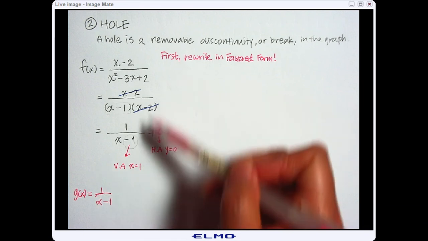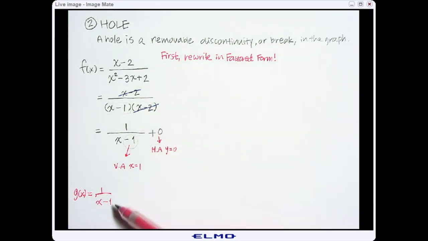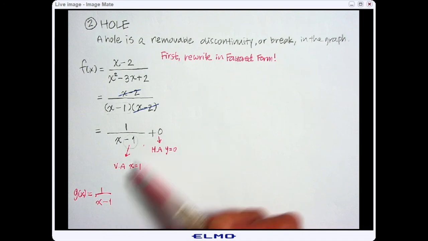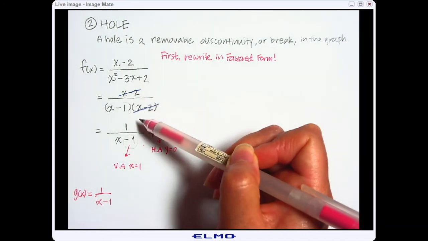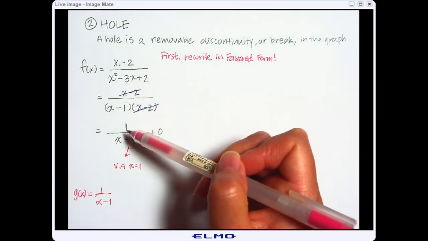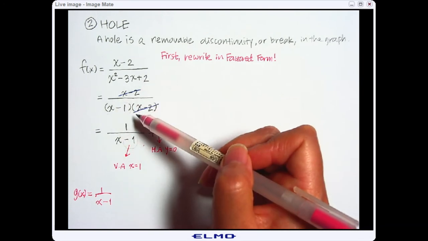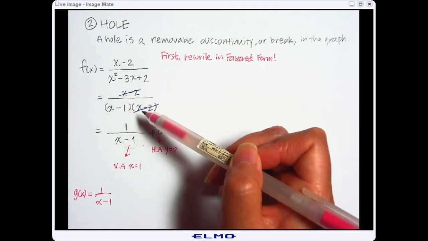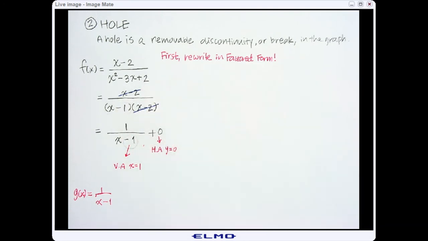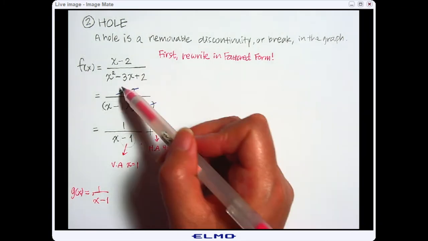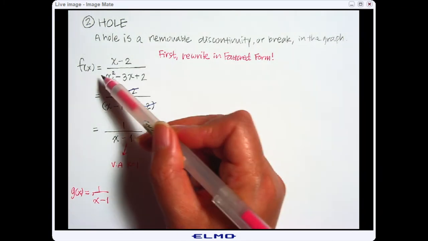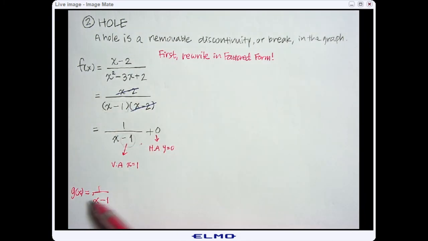Even though this one was simplified to be the same shape as this, we know the story, there was something canceled. So now we have to observe the background history about this simplification. That's what makes the big difference between the graph of the original function f of x and the graph of the original function g of x, right?